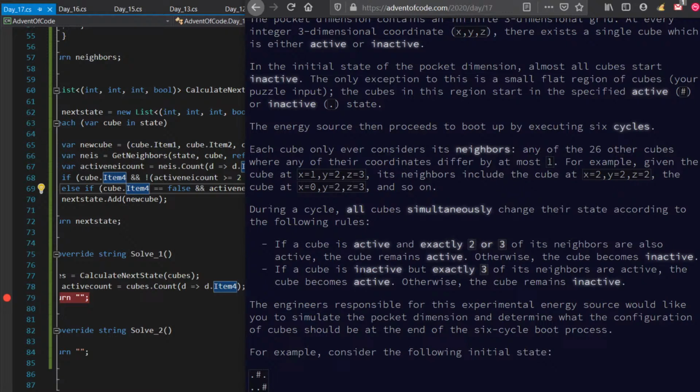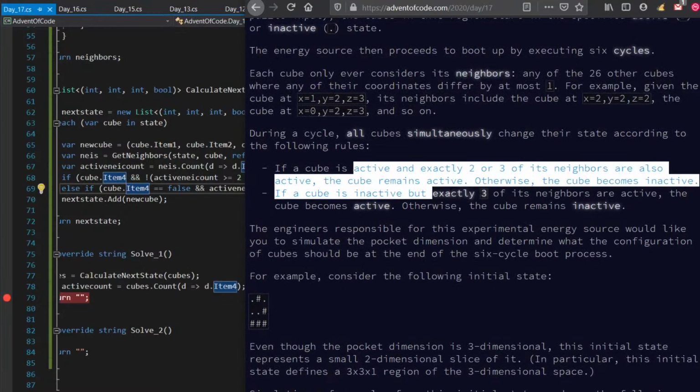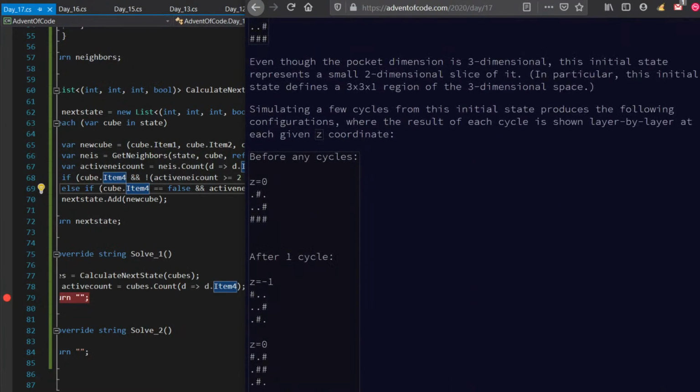Yeah, I'm not understanding these rules at all. This does not match up with what I'm seeing here.